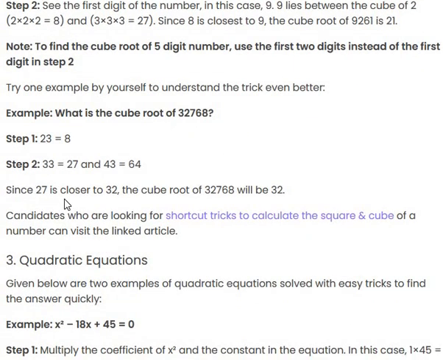Since 27 is closer to 32, the cube root of 32,768 will be 32.